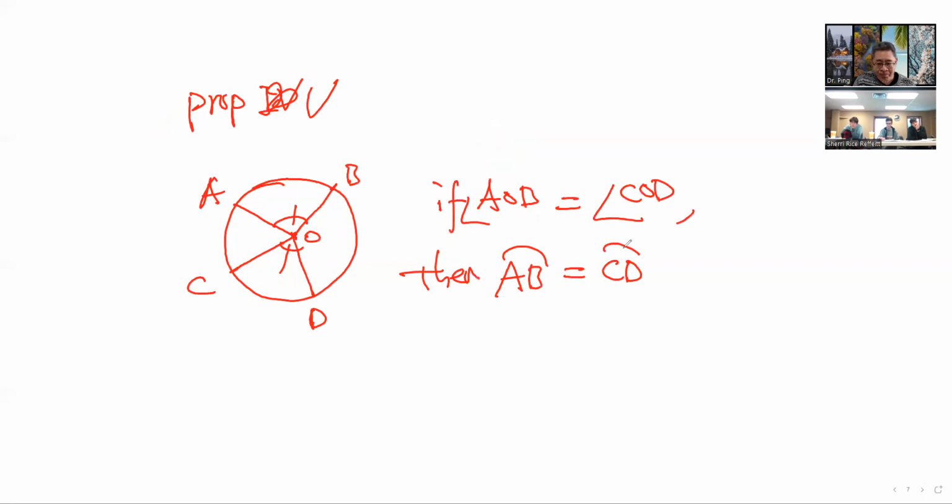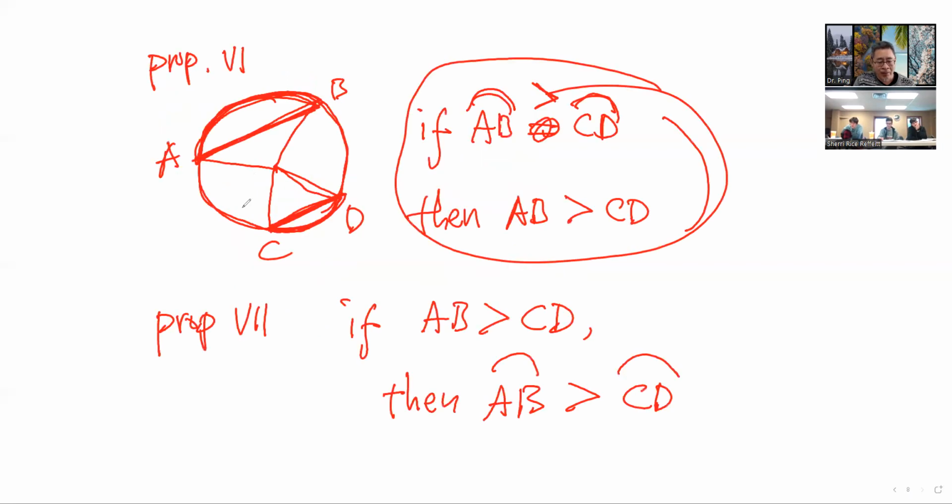5 is when the angles are congruent, then the corresponding arcs are also congruent. And now we have this one. The 6 is: the arc AB is bigger than CD, and then the corresponding chord AB is bigger than CD.